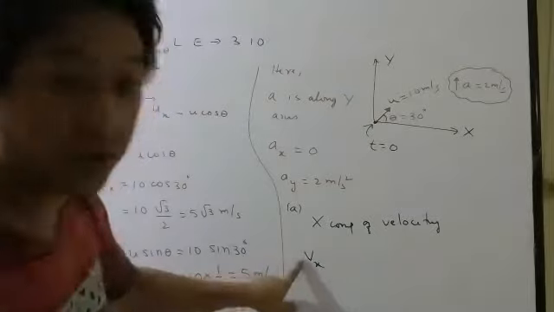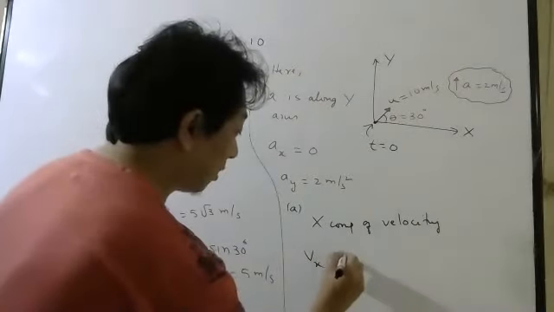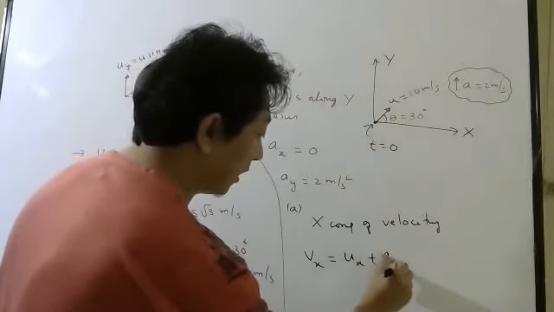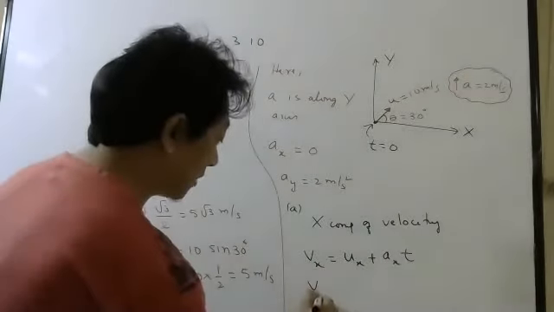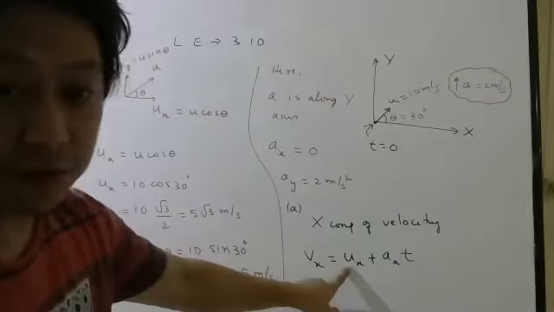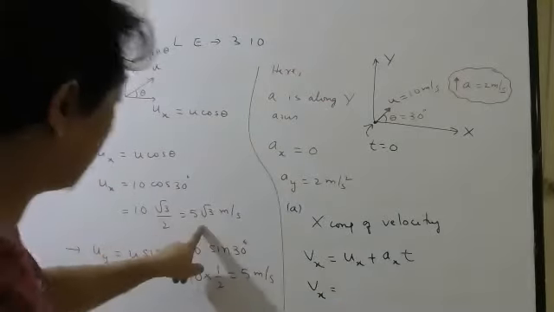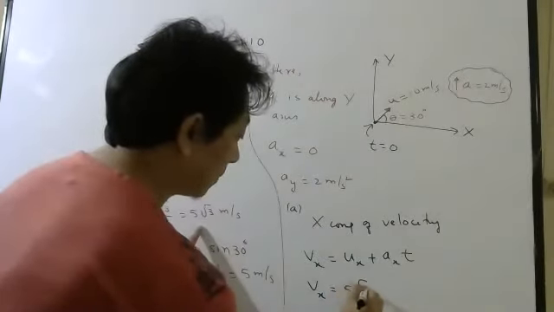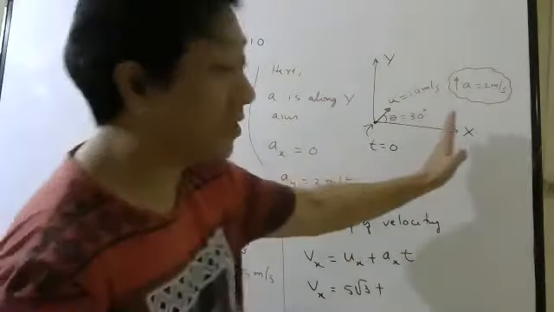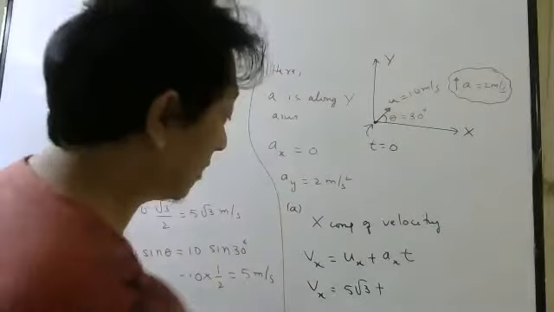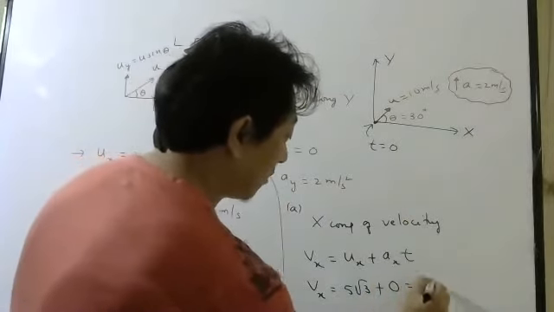For final we write V. So Vx, what is the formula? Ux plus axt. Right? What is Ux? This is x component of initial velocity. How much is it? 5√3. What is ax? Ax is 0 because acceleration is completely along y-axis. So answer is 5√3.